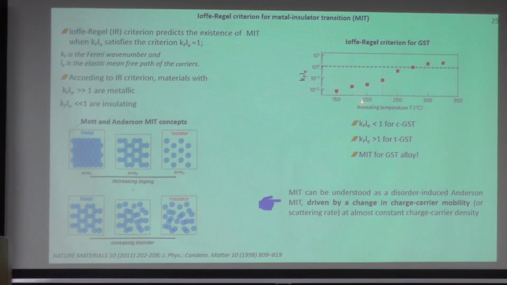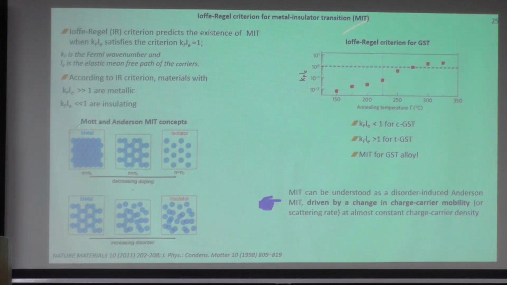So we see the MIT transition here. Such a material shows insulating behavior, and then it transforms to metallic.